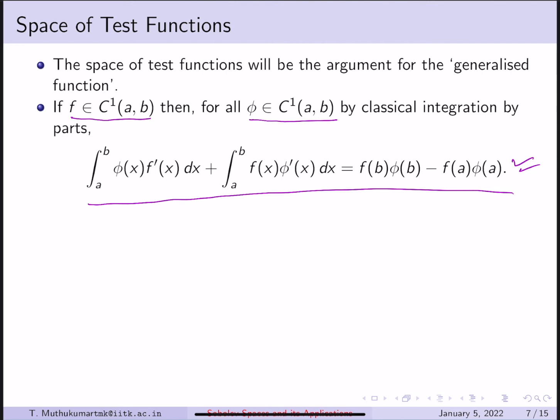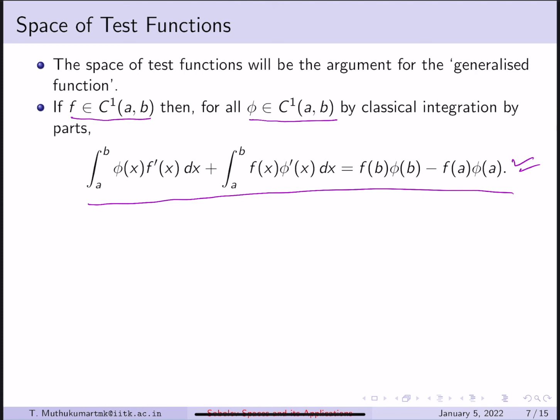So you take an f and a phi both in C1. I'm just giving the example here for one dimension, because that's how we'll start, but then we will generalize it; this is just for motivation purposes, right? So take C1 and C1, and integration by parts tells you that the integral of phi f prime is this, right?